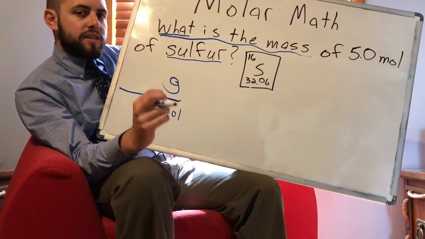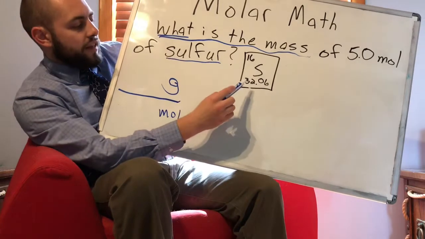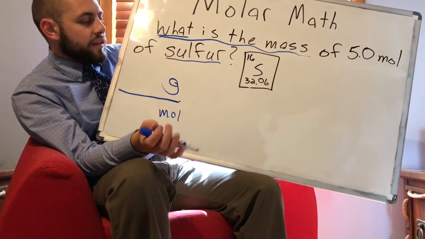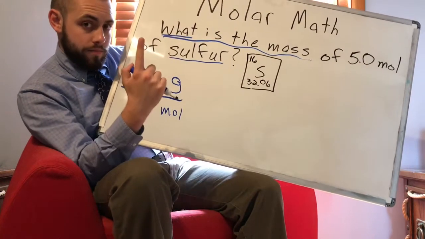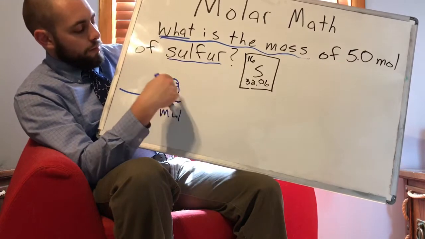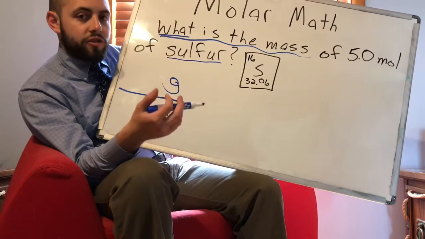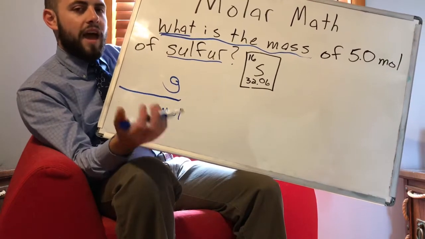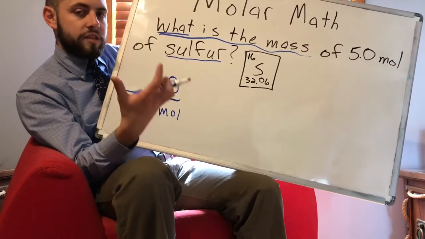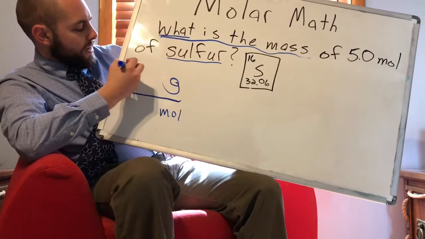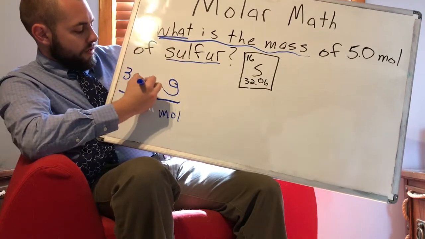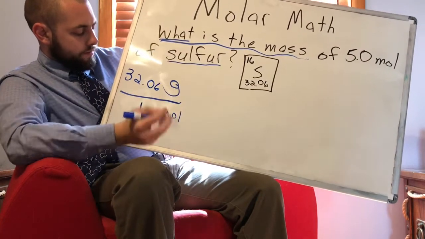The difference is the scale. The average atomic mass is the mass of one atom. The molar mass is the mass of 602 hexillion atoms, a mole of sulfur. So I'm going to take this number, 32.06.